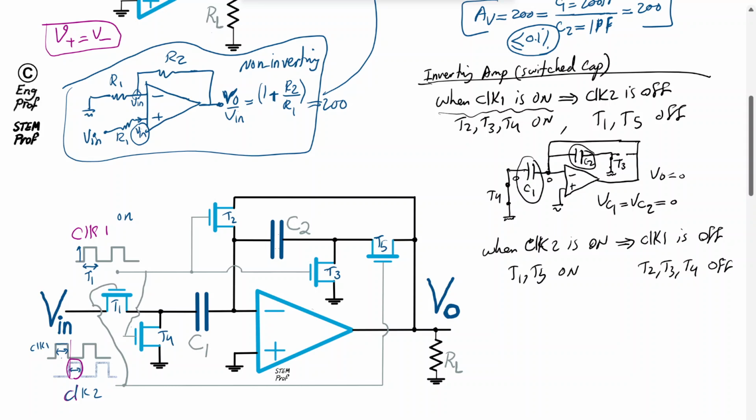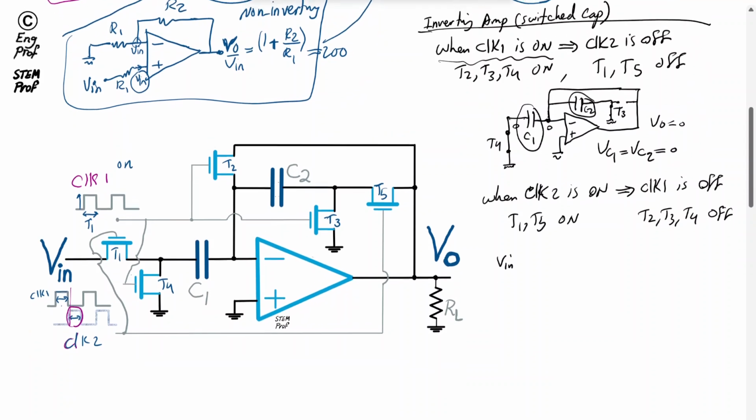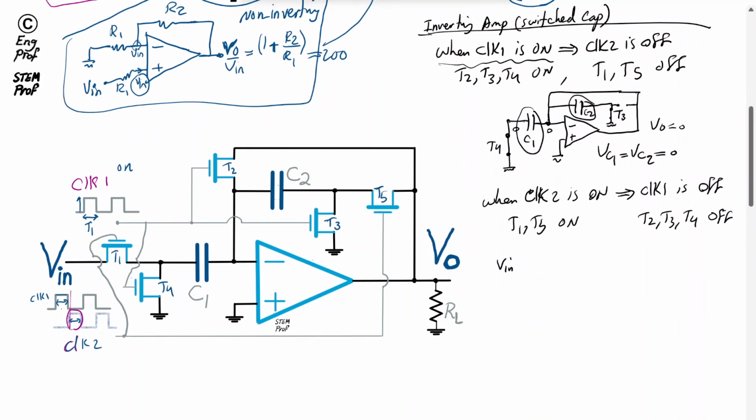So now T1 is on, so Vin is connected via transistor T1, which is like a short switch, a short circuit when on, and T4 is off, so there is no connection through T4.